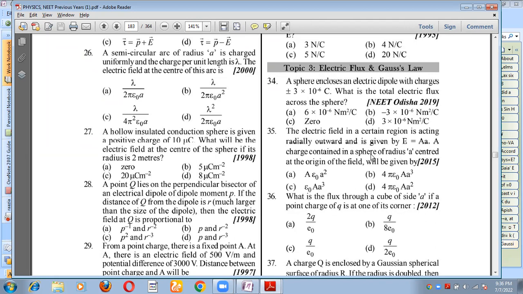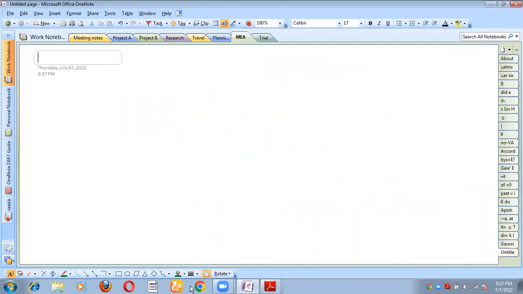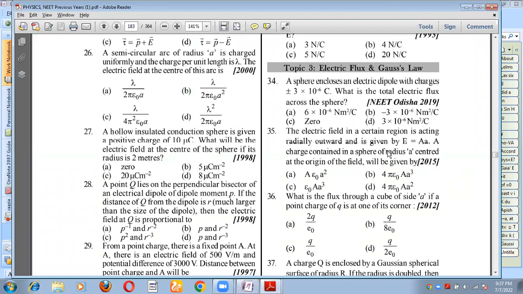So let us understand it through the diagram. According to the question, suppose we have a spherical region like this, a sphere, and the electric field in the region is A into a.